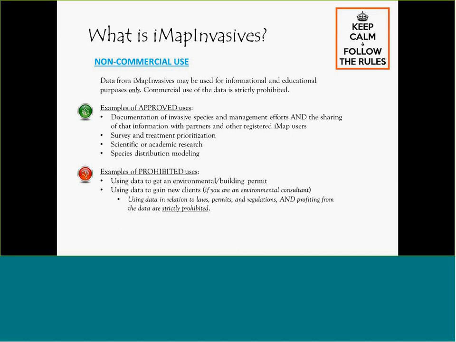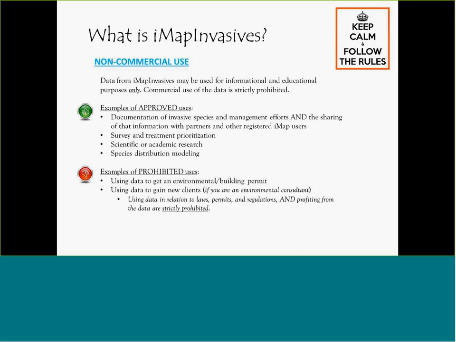Another approved use is treatment prioritization, using the information that we already have in iMap from you as a user or other users, to guide your path forward as far as where you want to prioritize treatment and the extent of infestations.